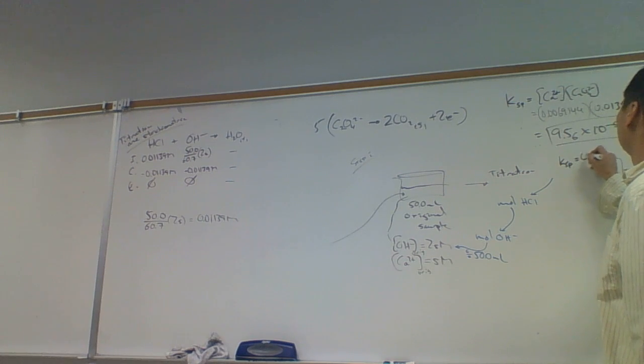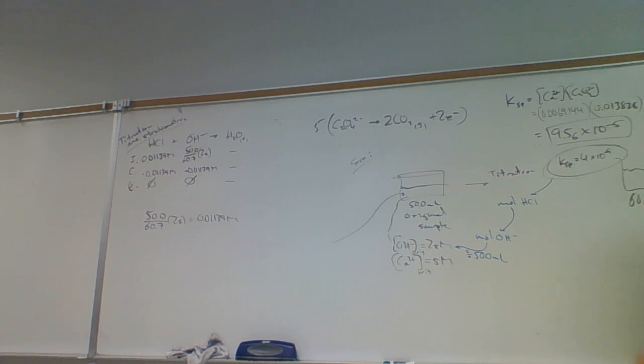KSP equals 4 times 10 to the negative 9. That's way off. So what should we do? Well, first we should see if we made an error someplace, so go back through it and see if you can find some kind of error.